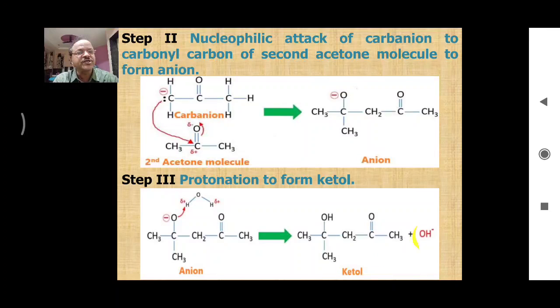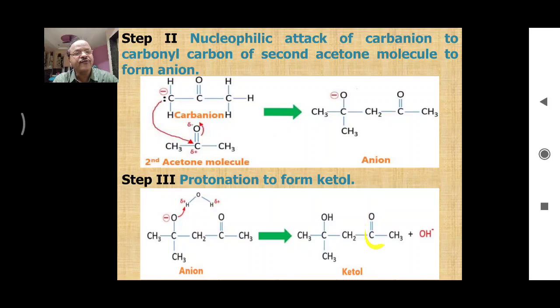So again there is a regeneration of this OH minus ion. Again this OH minus ion will be utilized for carbanion formation, which is shown in step number 1.